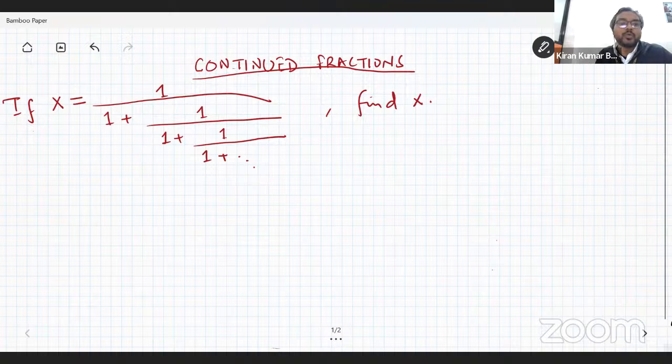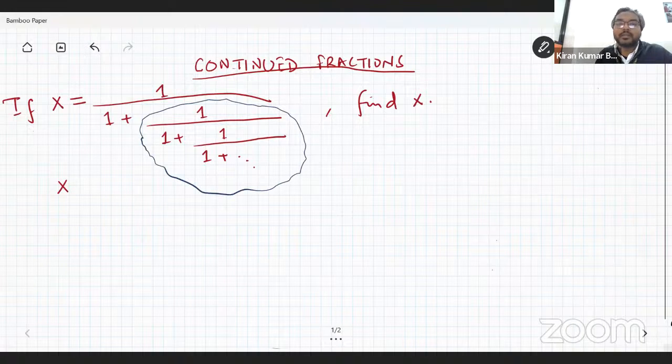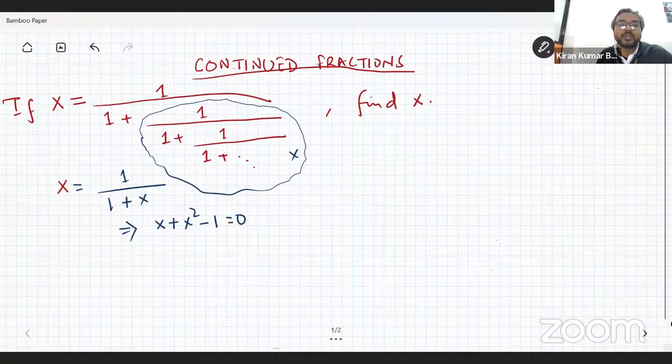So what we do, we put x, and since this part is the same as x, we put x equals 1 by 1 plus x. We then convert this into a quadratic equation: x plus x square minus 1 equals 0.